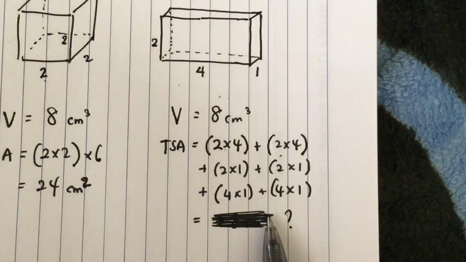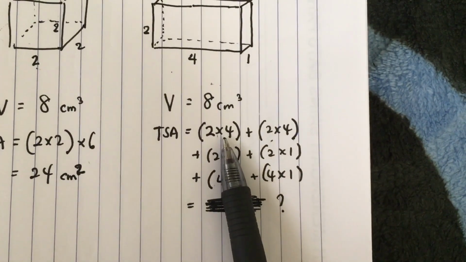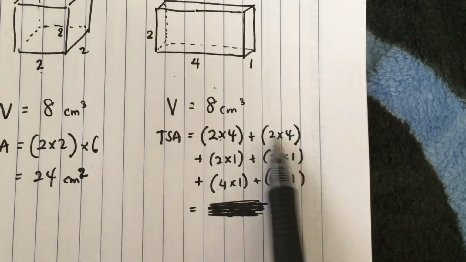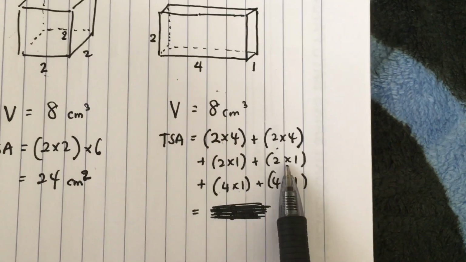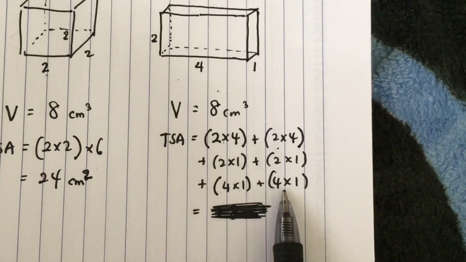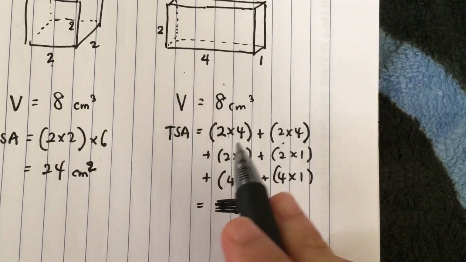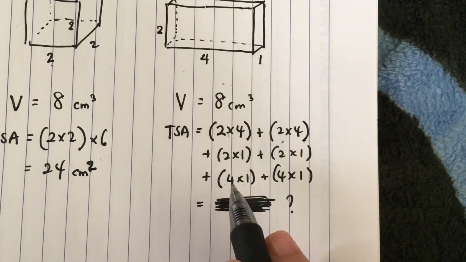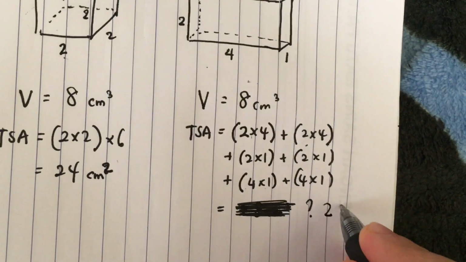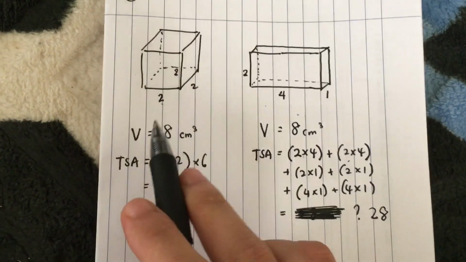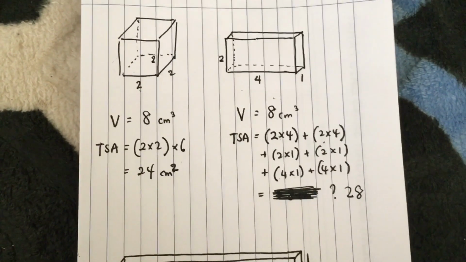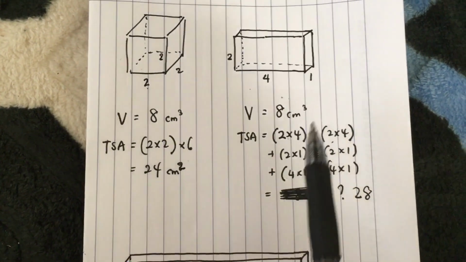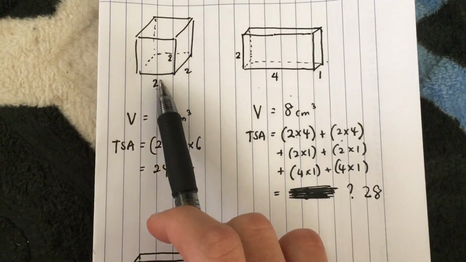So total surface area is 2 times 4, 8, plus 8, plus 2, plus 2, plus 4, plus 4. How much is it? 16, 18, 20, 24, 28. Okay, already you can see the difference. This one has more surface area, this one has less. Ini ada jumlah luas permukaan dia lebih dari ini.